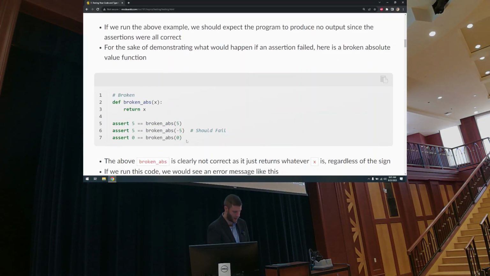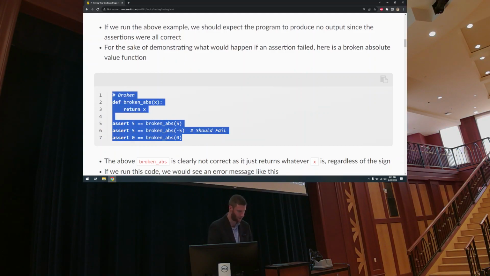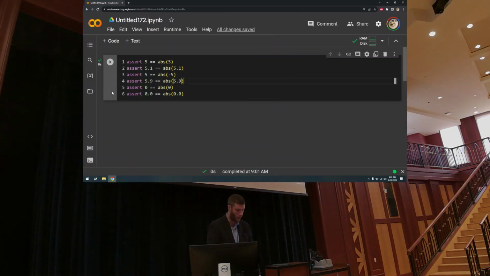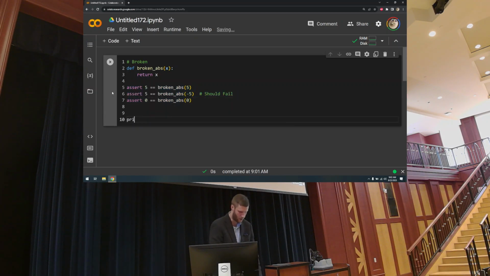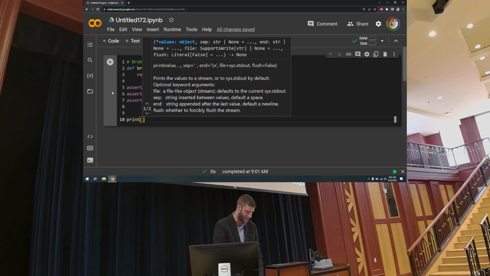Okay, now, this would be how I would typically write my asserts and where I would write them. I wrote a function, okay? And then immediately below the function, I'm going to have my asserts. And then once I know it's true, I can then go like, oh, okay, now I can use it.